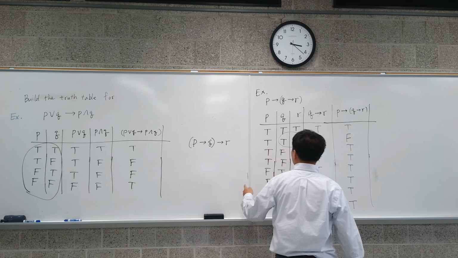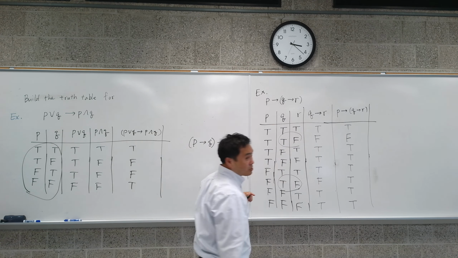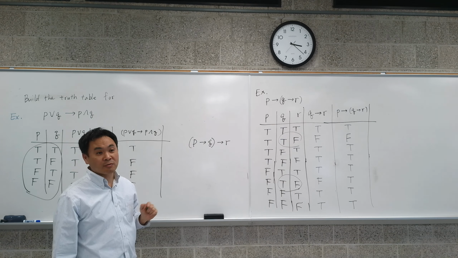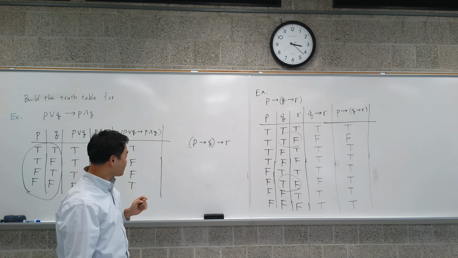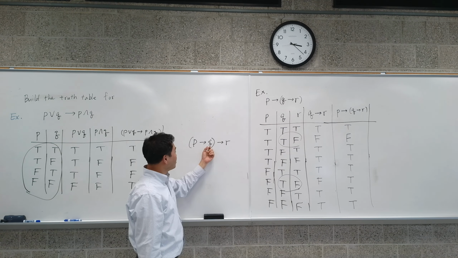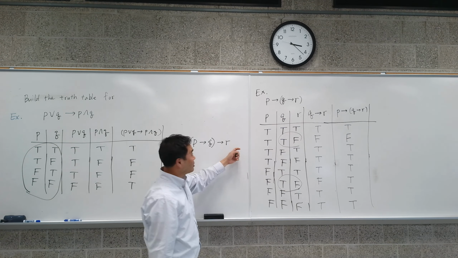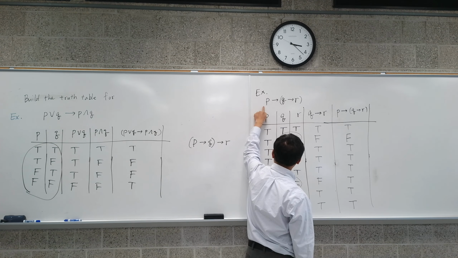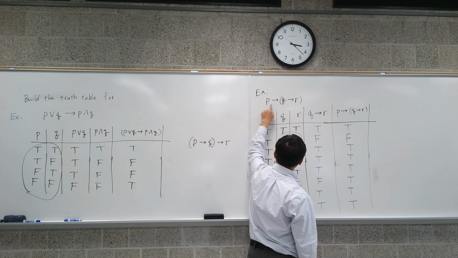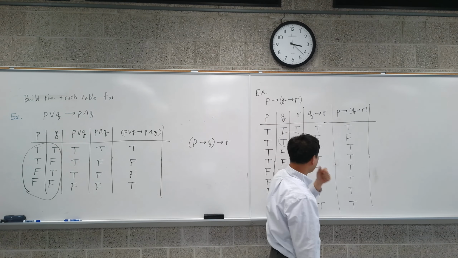So you can show that these two, although they look very similar, they mean different things. Okay. So this is saying if P implies Q is true, then R is true. That's what this is saying. Whereas this one is saying if P is true, then Q implies R is true. It's a bit of a different flavor.